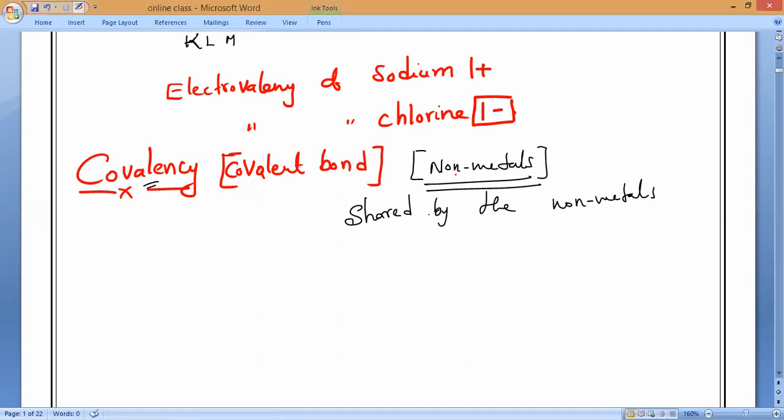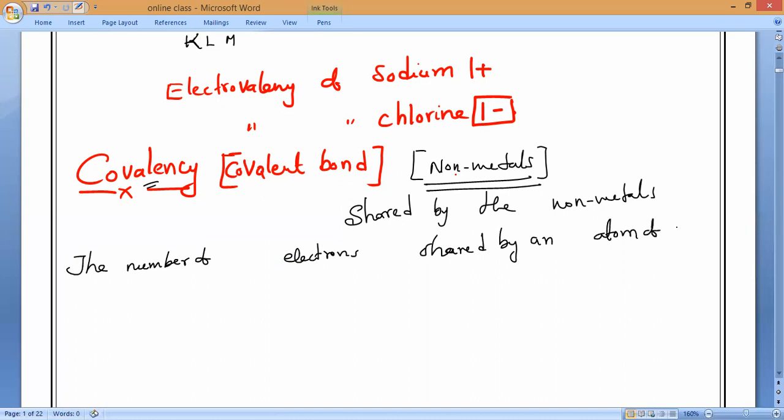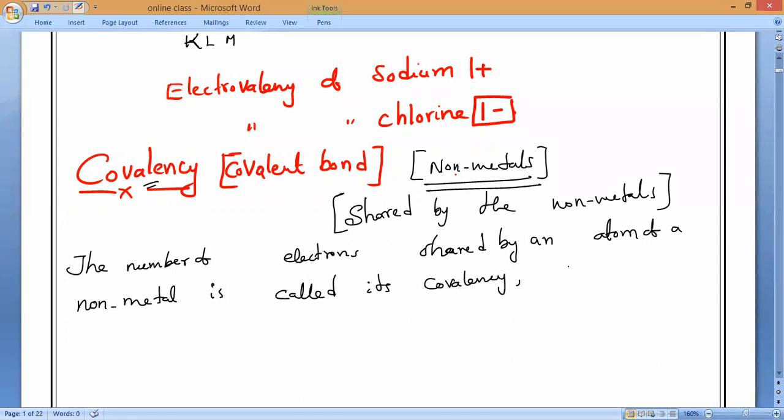Write the definition. The number of electrons shared by an atom of a non-metal is called its covalency.